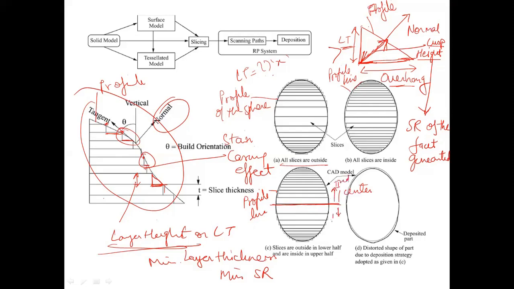In the first zone, your layers are going to come outside. And in the second zone, which is your top zone, the layers are going to come on the inside. So what is going to happen is, this is the profile that you wanted, and this is the actual profile that you got.